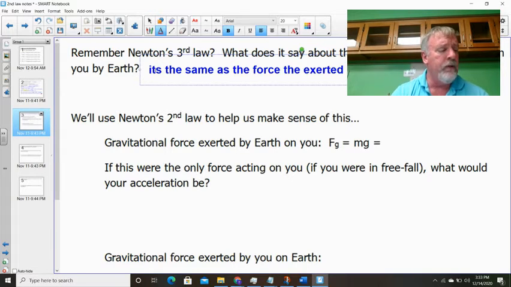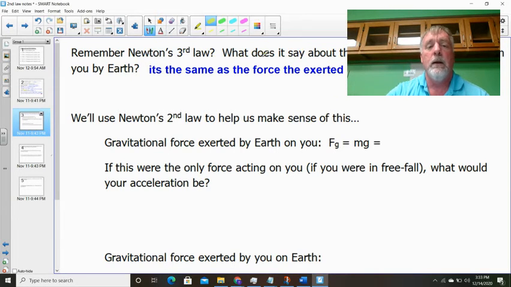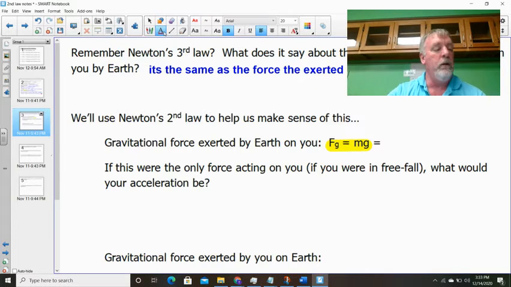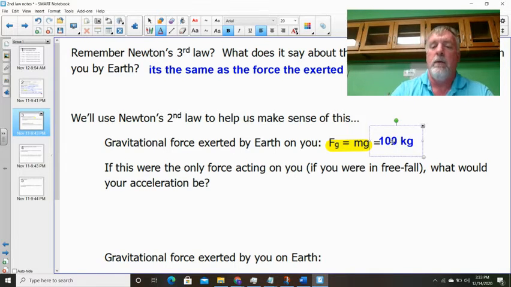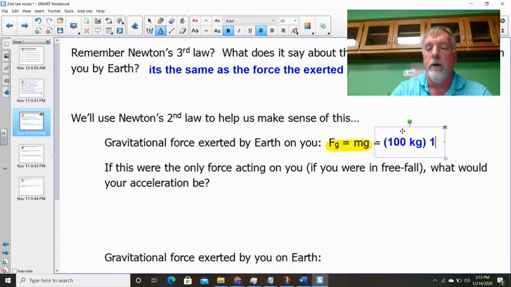So let's apply Newton's law to this situation. We're used to looking at the gravitational force. We've used this calculation a lot: F equals mg. Force of gravity is our mass times gravity. Let's pick a nice mass to keep things simple. Let's say we have a 100 kilogram person, about the size of a good sized football player. And we'll use a nice number for the acceleration due to gravity: 10 meters per second squared.